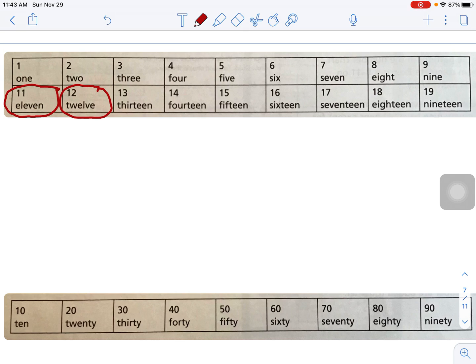Same as what we discovered before with the 3, and then we add 10. Instead of it being 3-teen, it's 13, right? And instead of it being 5, and then 10 more to the 5, instead of it being 5-teen, it's 15. So we definitely have some irregular ones there with 11, 12, 13, and 15.